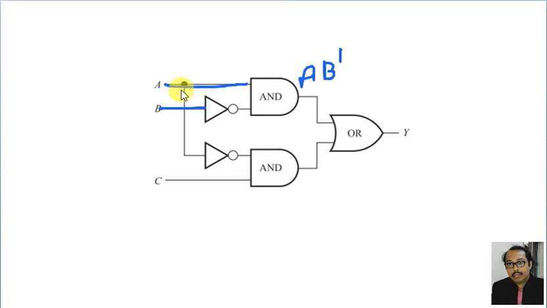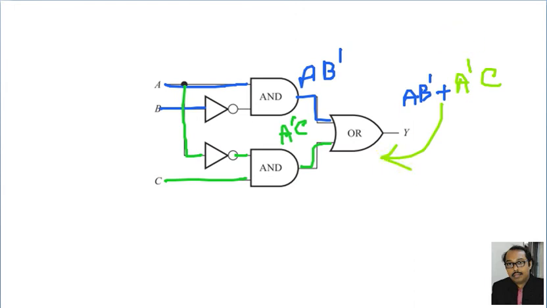Next one is A bar, and this one is C, so it is A bar C. Now both are connected to an OR gate, so the value will be A B bar plus A bar C, because this plus represents the OR gate.